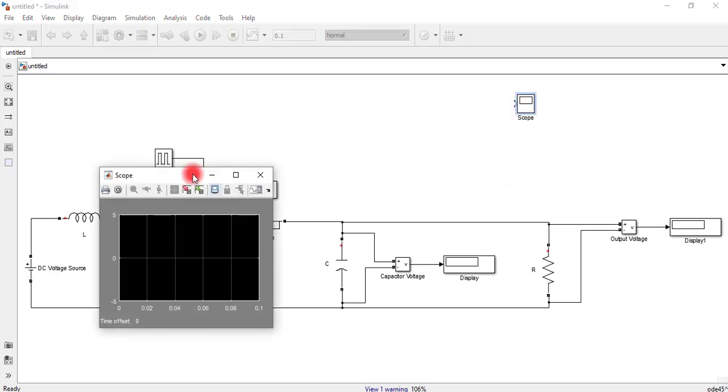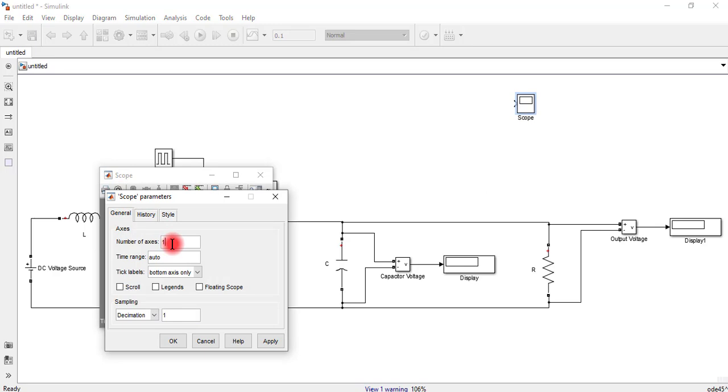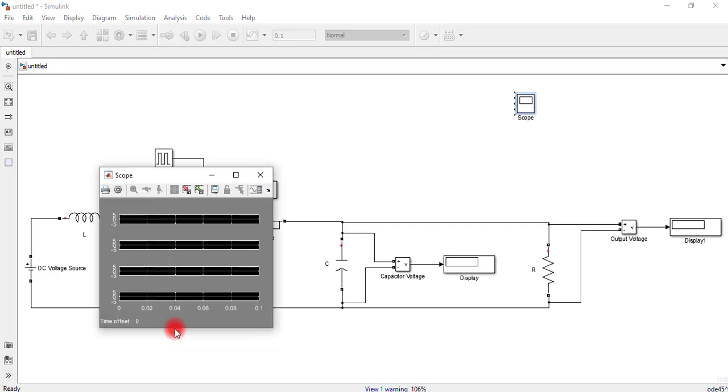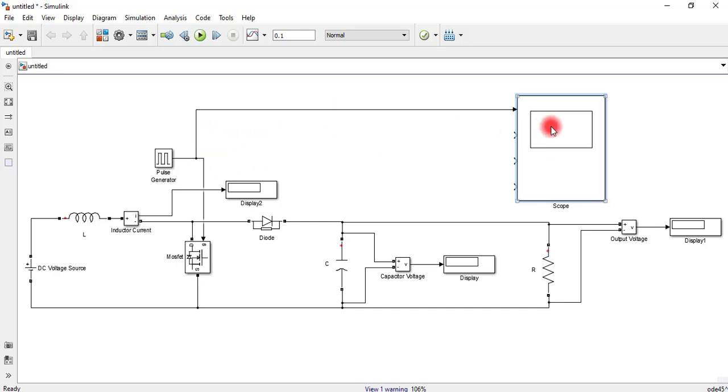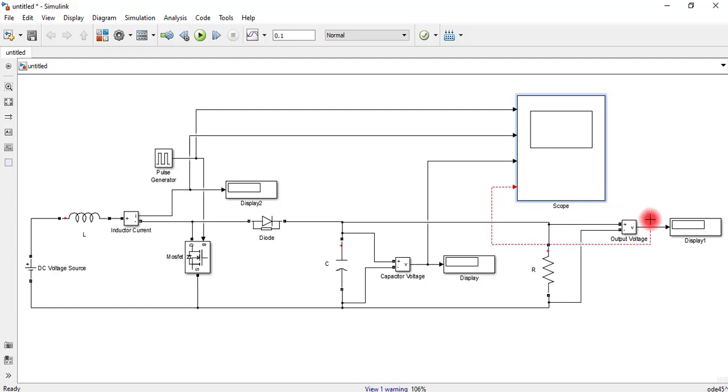So let's make its number of axes equal to 4 and make legends on. At the first axis I will get pulse, and in the second I will get inductor current, in the third I will get capacitor voltage, and at the end I will get output voltage.